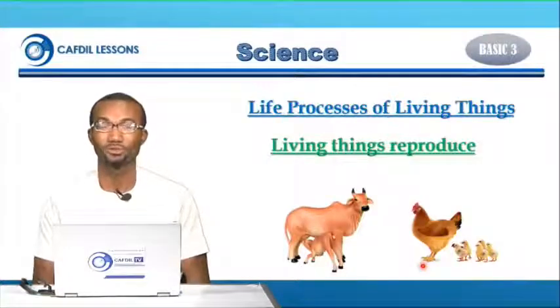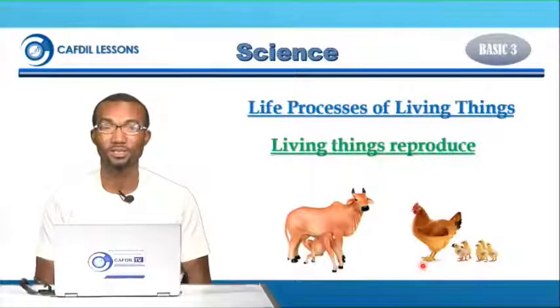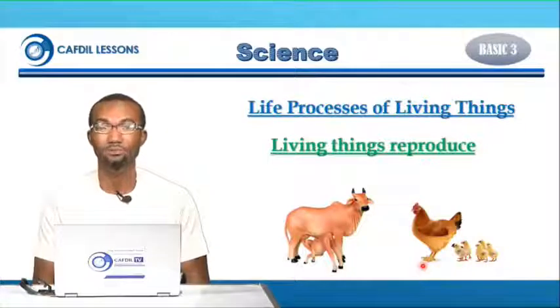Good. So we have looked at 2 life processes. We have looked at movement and we have looked at eating. The living things move, they also eat to stay alive. The third one we are looking at is that living things reproduce. When you say living things reproduce, it means they give birth to live young ones.